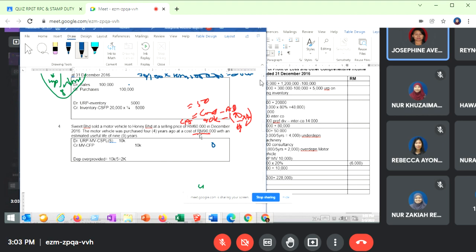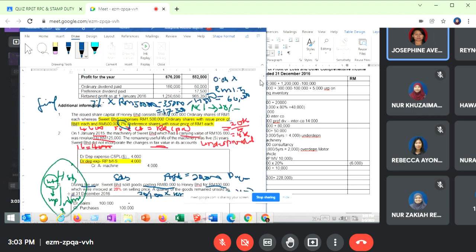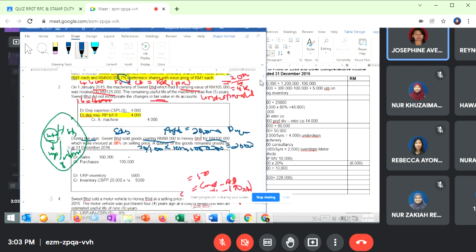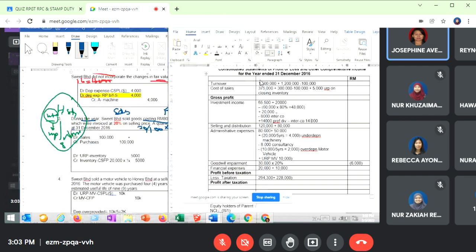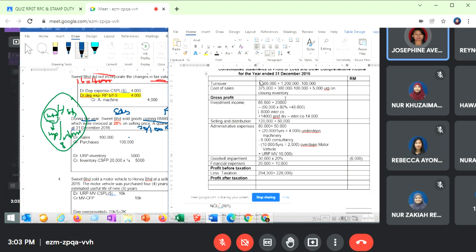Yes, plus 20,000, that is the investment income. 65 plus 20. What's this plus 20? This one is out. The 20 is this one here. So that is the adjustment that you have already done: the machine, the consultancy, the depreciation, and the unrealized profit.